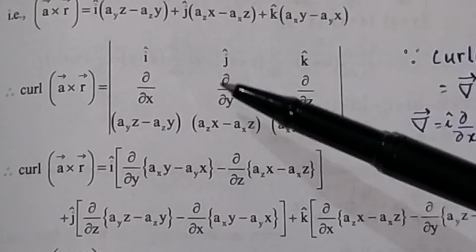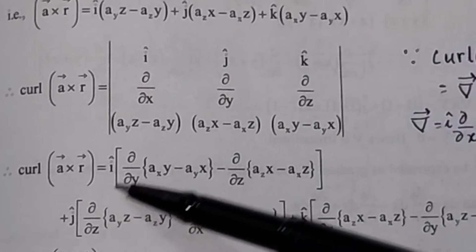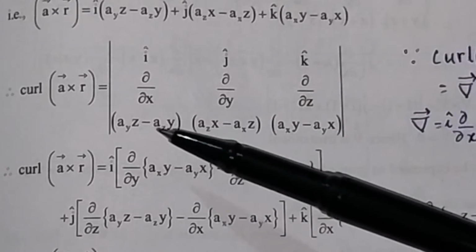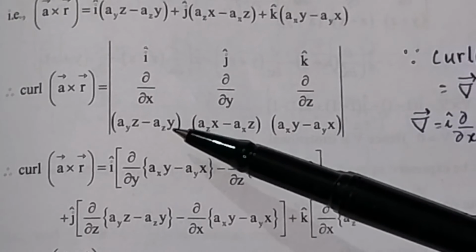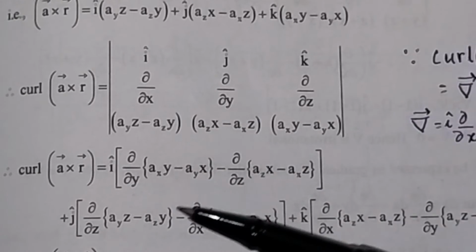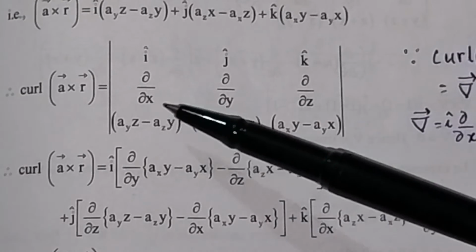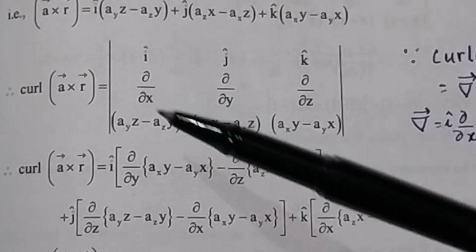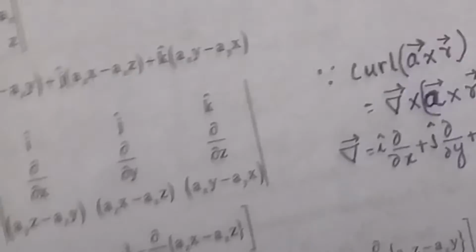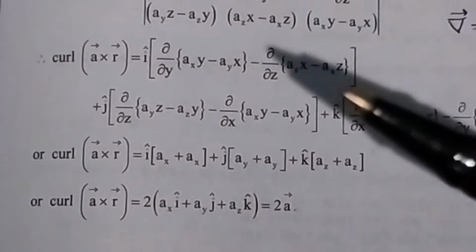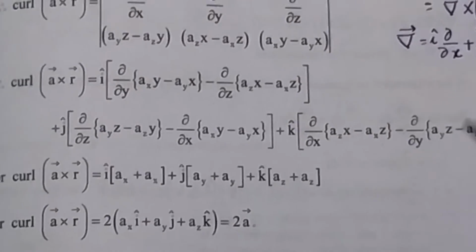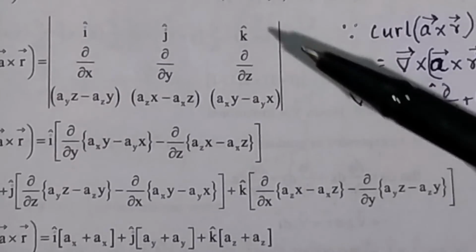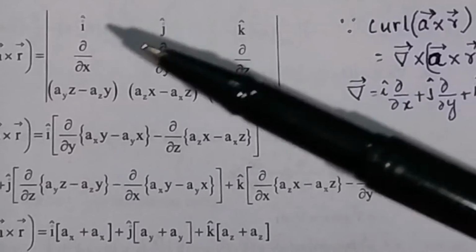And for the j component, you have plus j cap. You leave this column and this row. You have partial derivative of Ay z minus Az y with respect to z, minus partial derivative of Ax y minus Ay x with respect to x, plus for the k cap component, you leave this column and this row.